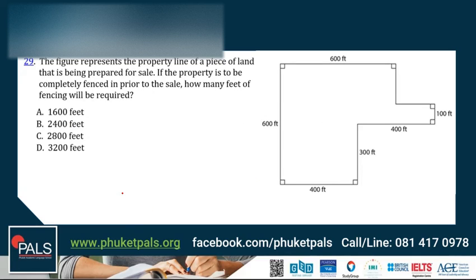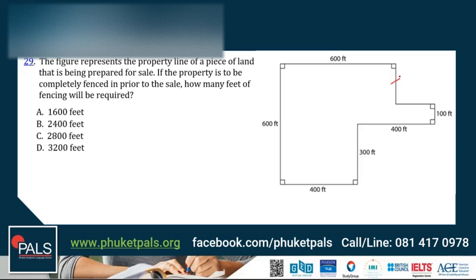29. The figure represents the property line of a piece of land that is being prepared for sale. If the property is to be completely fenced in prior to the sale, how many feet of fencing will be required? Now, looking at the figure, we still have some missing sides. So let's find the missing side first.